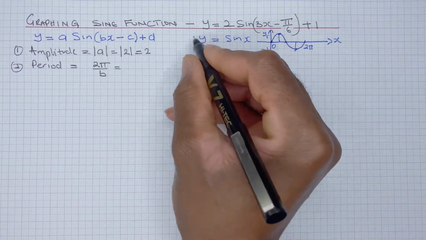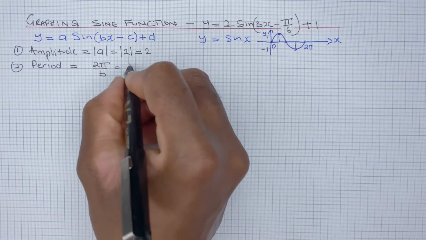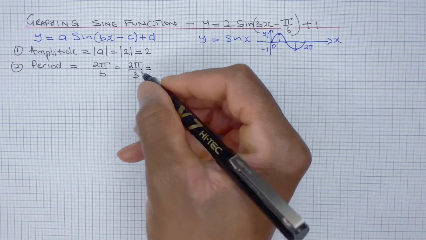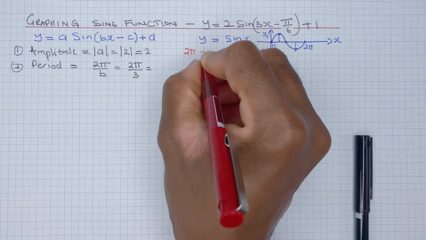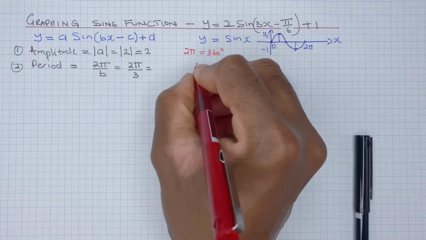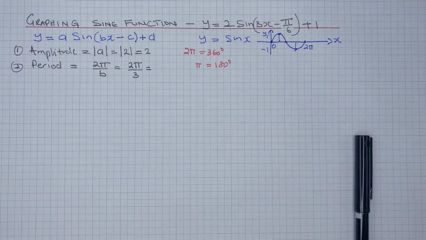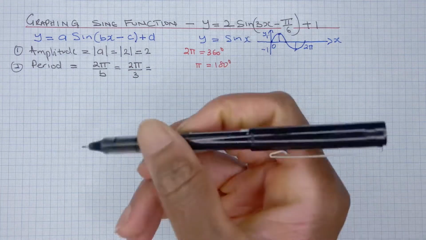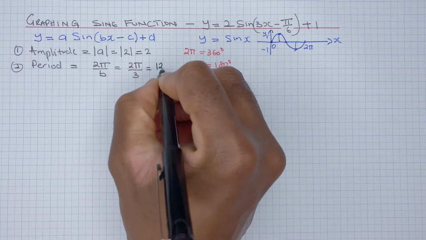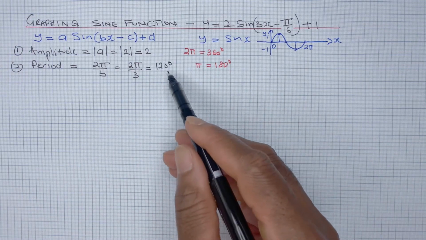Our b is 3, so our period is going to be 2π over 3. 2π is 360 degrees and π equals 180 degrees. So if you divide 360 by 3, you get 120 degrees. So our period is going to be 120 degrees.